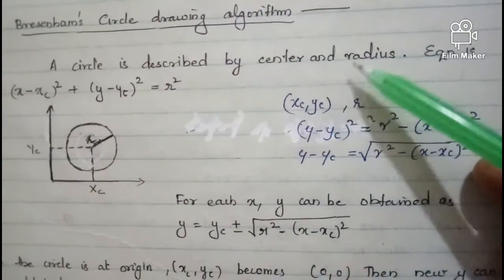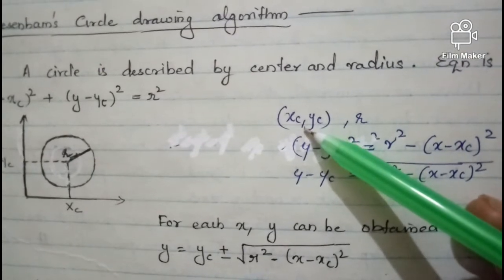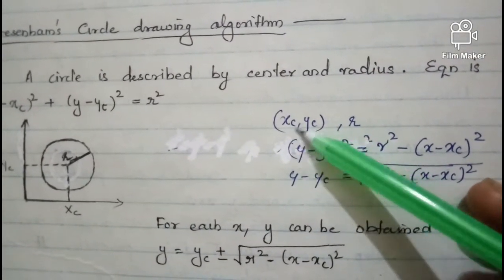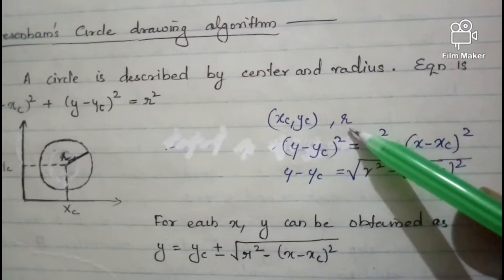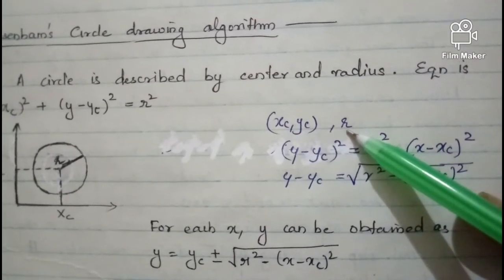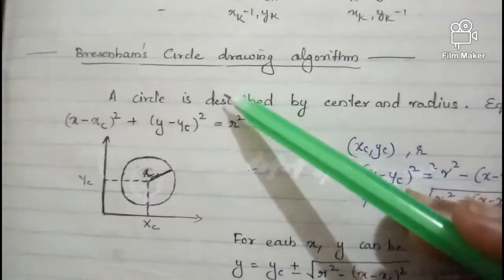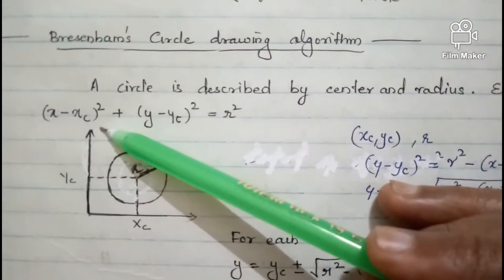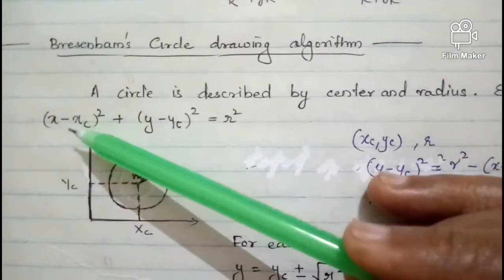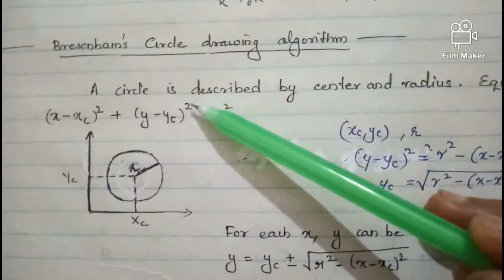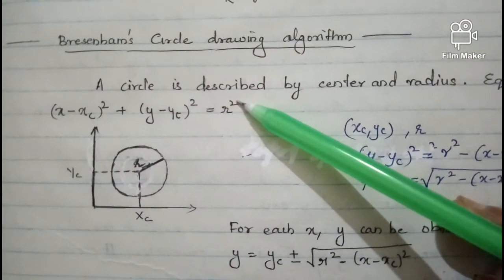So here we are talking about a circle, and the circle is having a center point at xc, yc. So this is the center of the circle, and the radius of the circle is marked using r. So these two values are already given. One more thing, we are going to use the circle equation: x minus xc the whole square plus y minus yc the whole square equals r square.